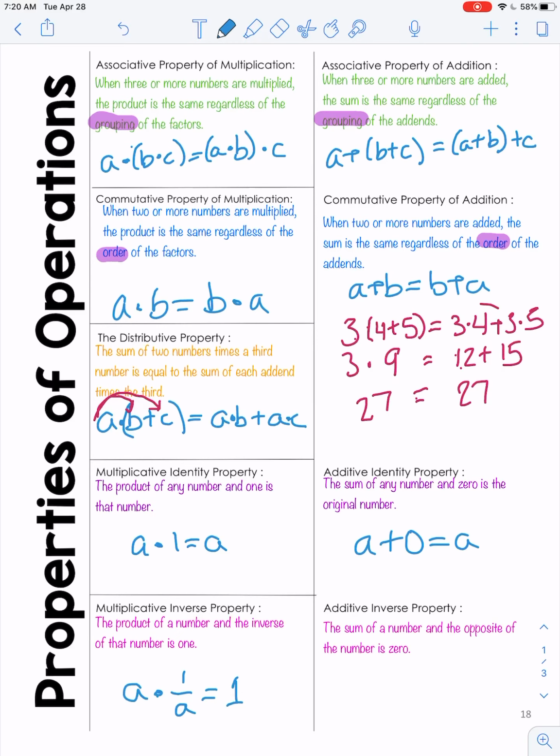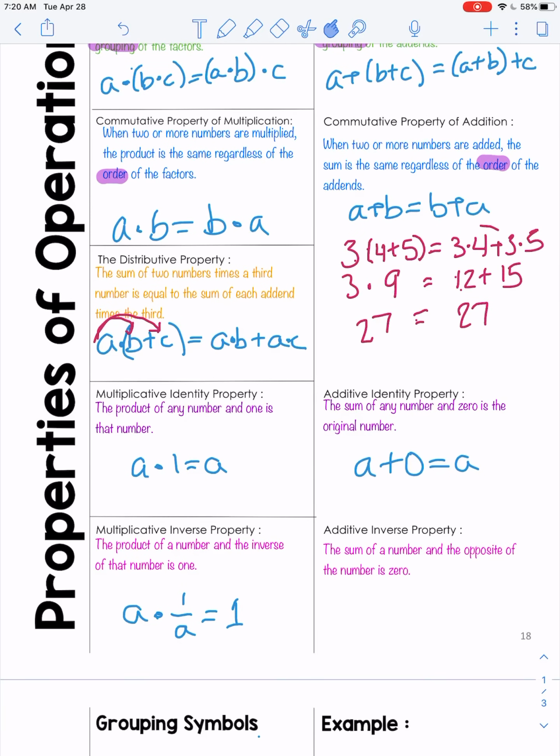So if we multiply that out, that would be A times 1 is A, so A over A equals 1. For the additive inverse, it says the sum of the number and the opposite of the number is 0.